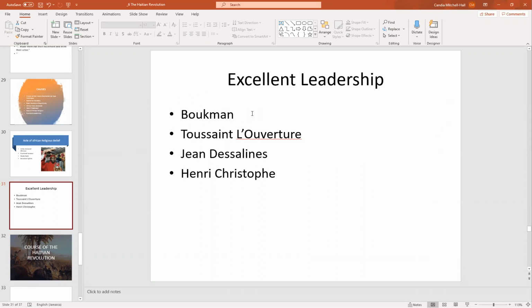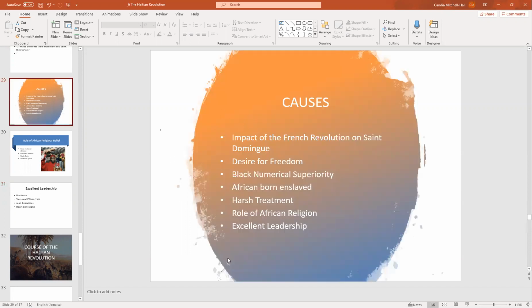Ensure that you do your readings on each of these leaders. Because of their excellent leadership, they had the power to organize and to fight against the whites. So these were all the causes of the Haitian Revolution.